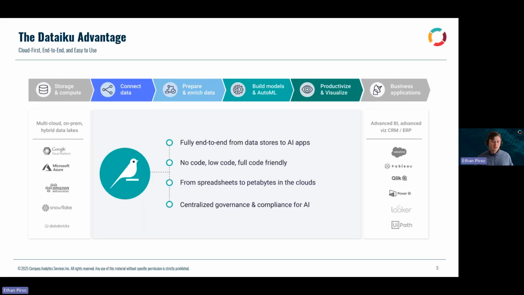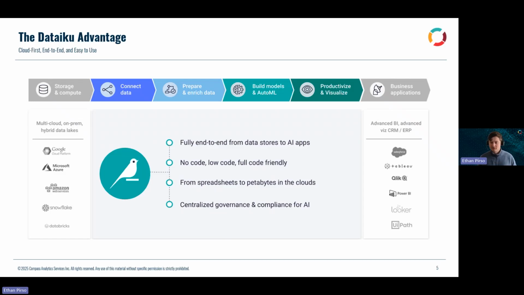So to kick things off, why should you use Dataiku? That's the big question. And really, where does it sit within your enterprise? Well, Dataiku is really the best AI and ML engine out there right now that gets you from your silver layer data to your gold. And this, of course, comes after you've built your data engineering pipelines from bronze to silver. Dataiku makes it really easy to connect all of that data.